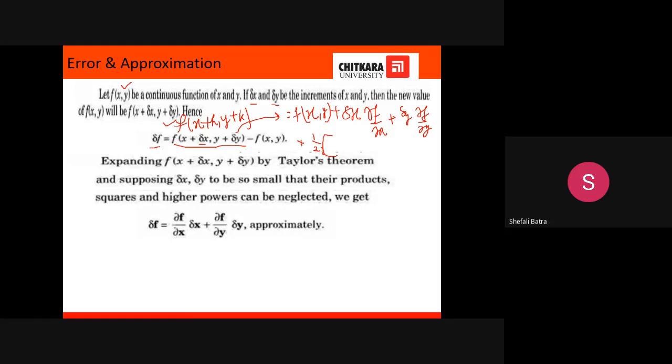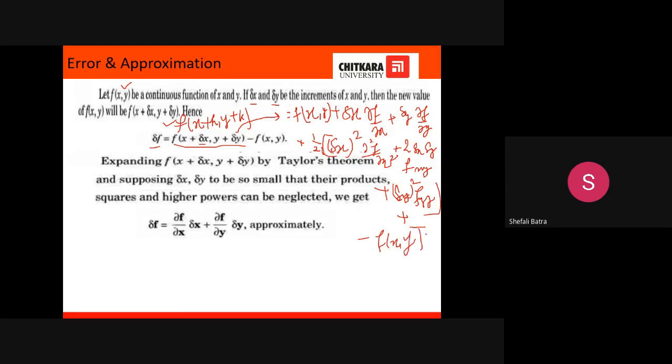The formula was h square, so we will be putting here delta x square, curly 2f upon curly x square, plus 2hk, so 2 delta x delta y, f of xy, plus delta y square, that is k square, f of yy, and so on. This is the expansion of this, and then minus f of x comma y.